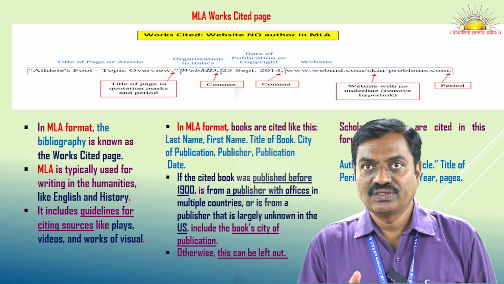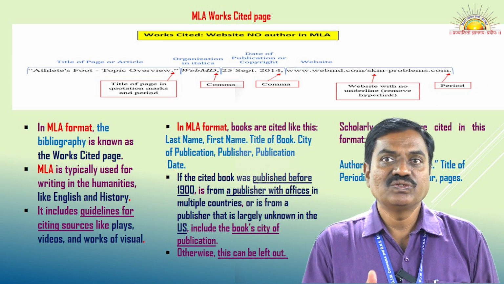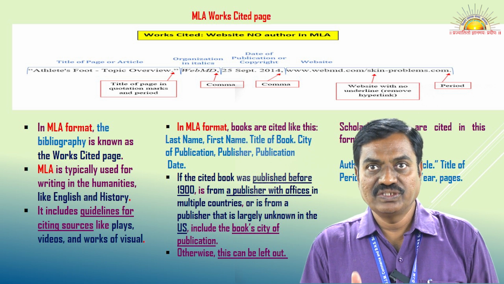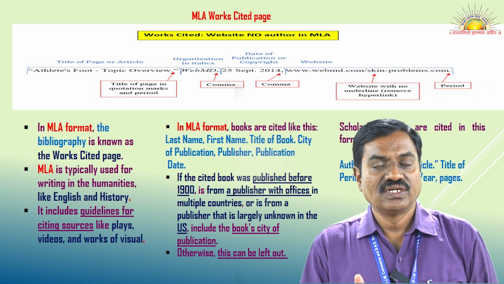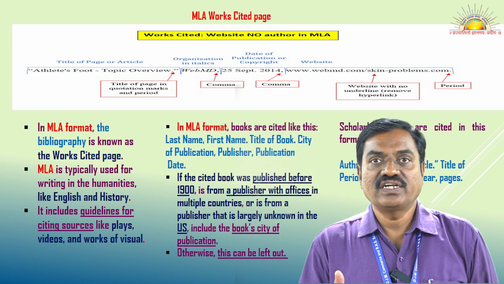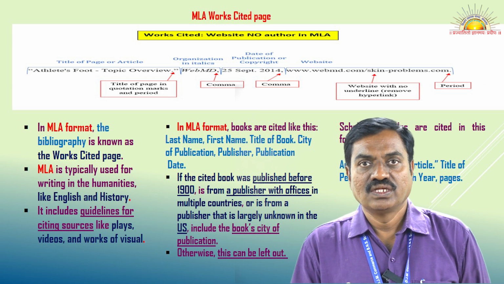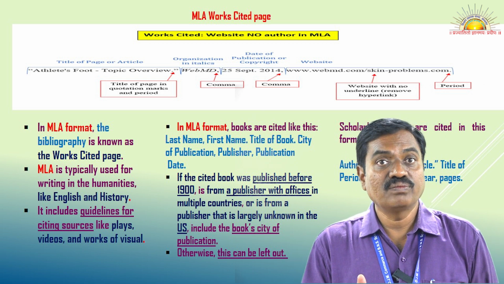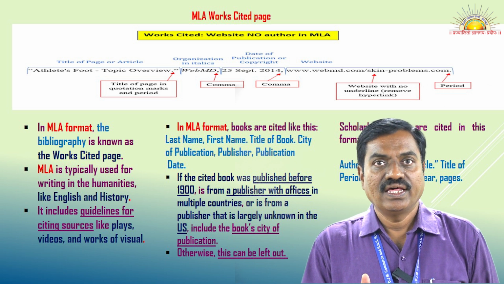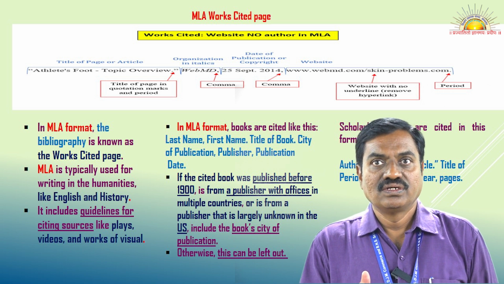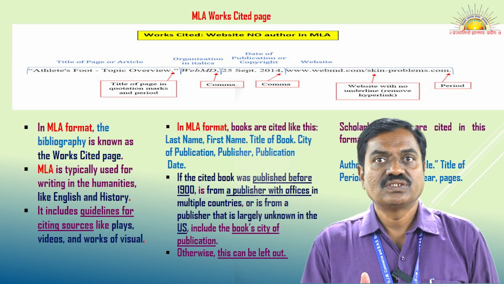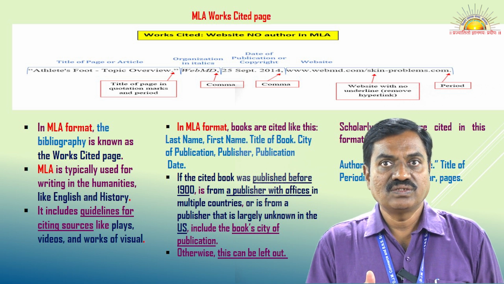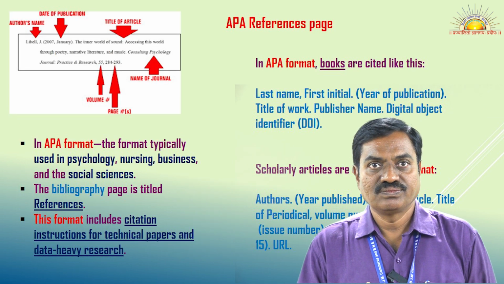In APA format, the format typically used in psychology, nursing, business and the social sciences, the bibliography page is titled references. This format includes citation instructions for technical papers and data heavy research, the types of sources we are likely to consult for academic writing in these fields.